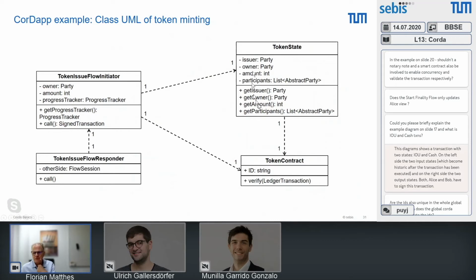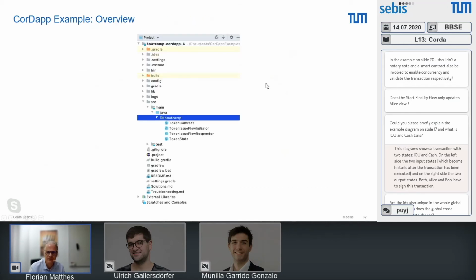The token states are protected by token contracts, and you have to define your own token contract based on the use case we are using, which is a token minting use case where parties create tokens and assign these tokens to other parties. It's a very simple transaction which doesn't do very complicated things. It simply transfers tokens from one person, who mints a token, to one new owner. And you have to create all these objects to do this.